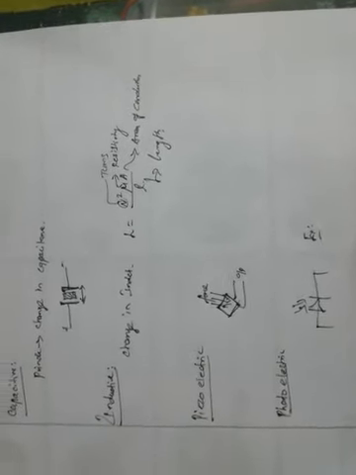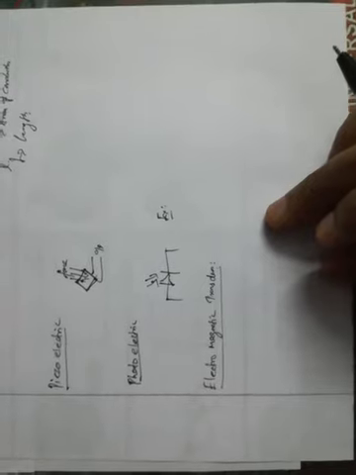Next one is the electromagnetic transducer. These transducers work on the principle of change in flux linkages due to change in reluctance.